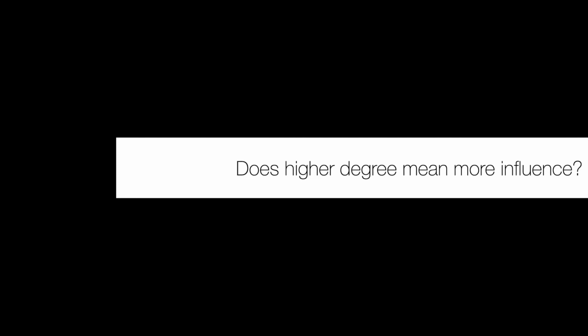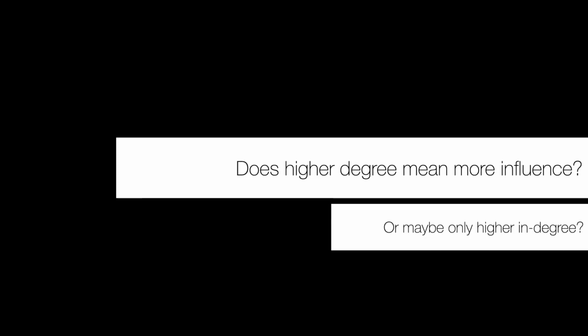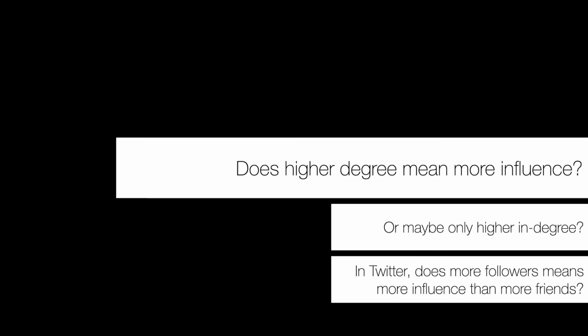So given that, does higher degree generally mean more importance? Or do we really only care about higher in degree or out degree specifically, not necessarily the sum of the two? We can think about this in terms of Twitter or some social network, where you may ask, does having more followers mean more influence than having more friends?